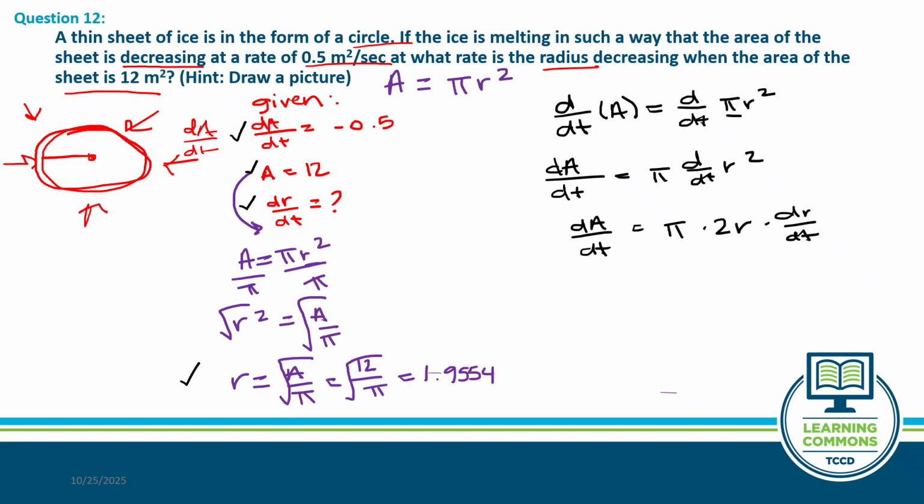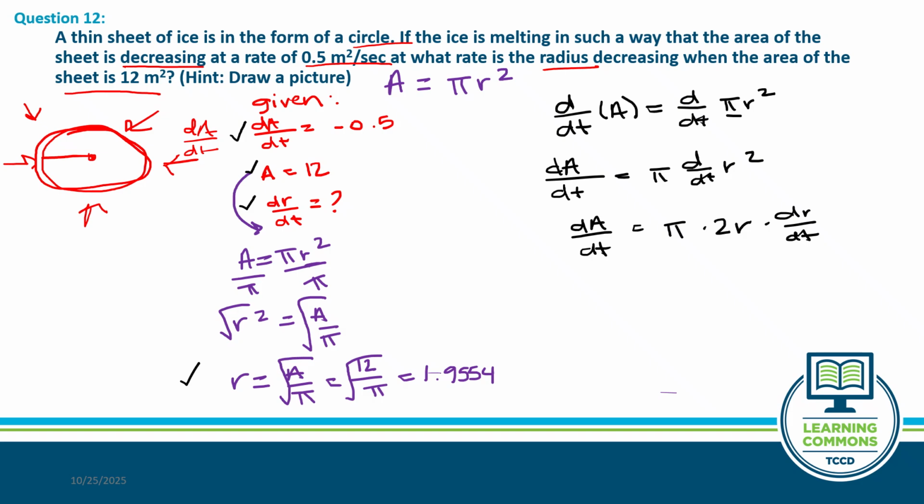Now I can plug in some numbers, or I can move things around so I have dr dt on one side and everything else on the other. In this problem, I moved things around and then plugged. You can do what you want. It really has no effect on the answer.